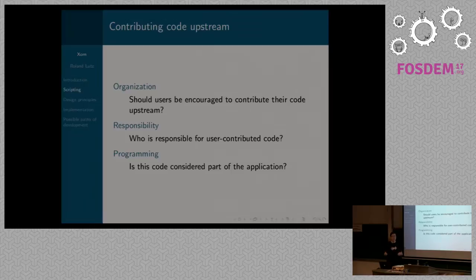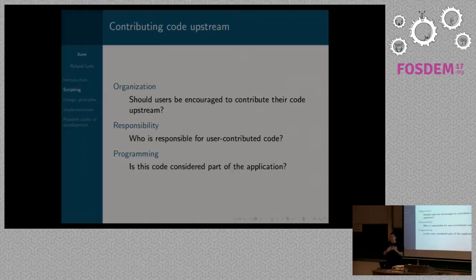It is not usual for user scripts to go back into the main application. In a free software context, a model where user code is contributed back upstream is usually much better.